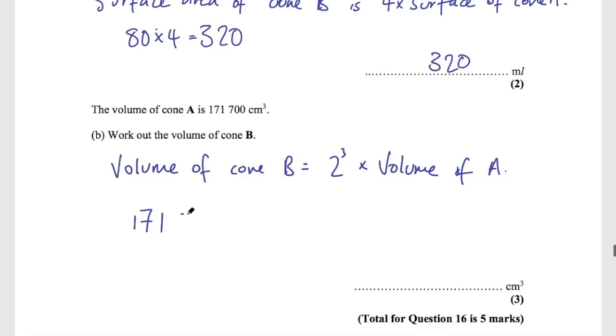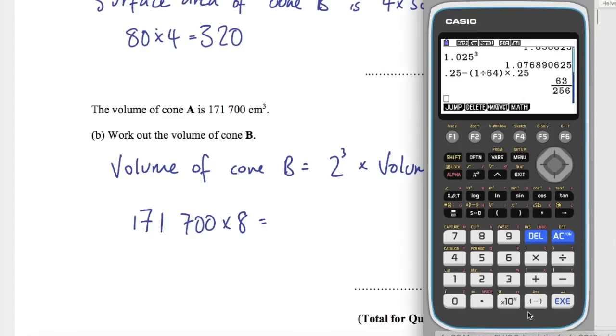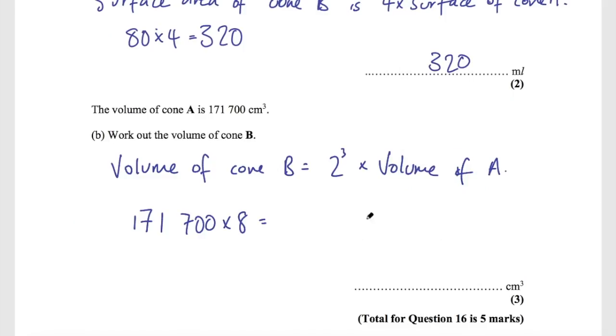So get your calculator out, plug in 171,700, multiply that by 8, and we get 1,373,600. And that's your answer for part B.